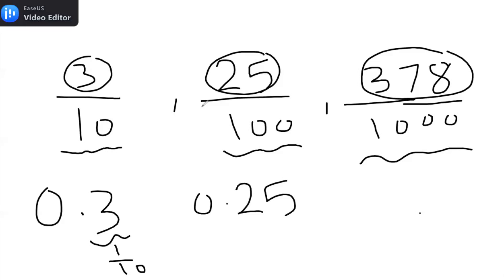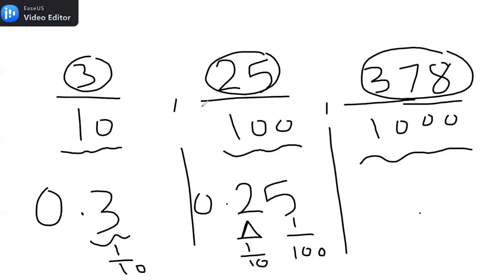0.25. Excellent, Yusuf. 0.25. This number has 2 decimal places, tenths and hundredths. The next one: 0.378.